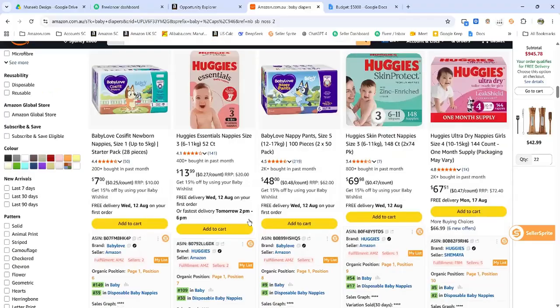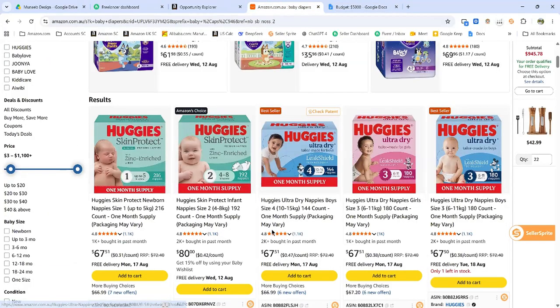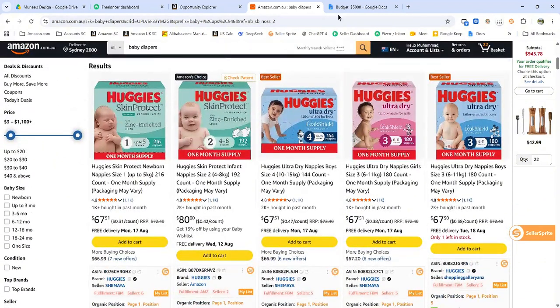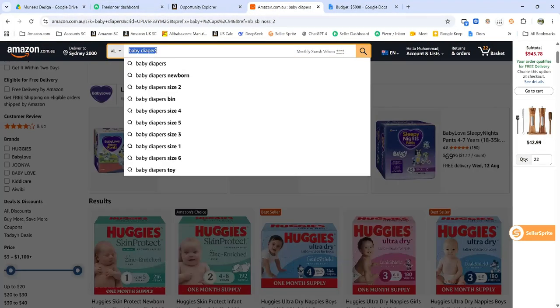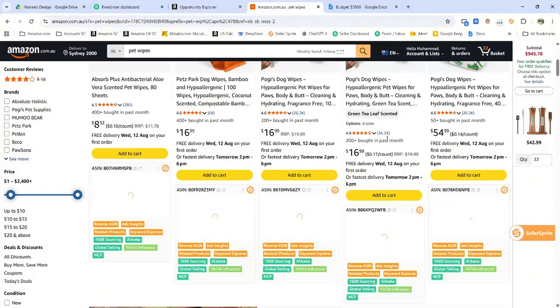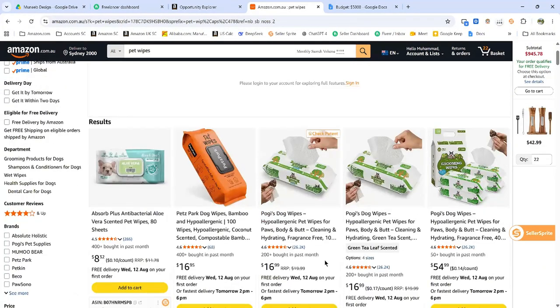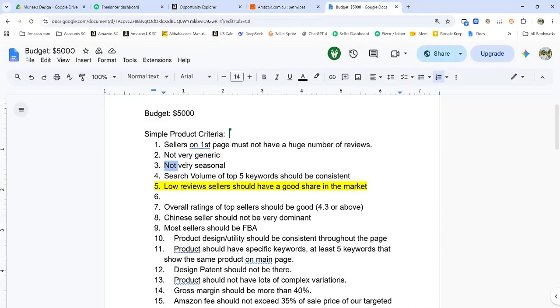Day-to-day use products which are very common, we consider them generic products. So why don't we do it? Obviously, it will require a huge budget because diapers is a huge category and a huge investment. Similarly, other products like pet wipes, as you can see on the top, 26,000, and there are huge competitors overall. So it's a common product, so we usually don't do such things.